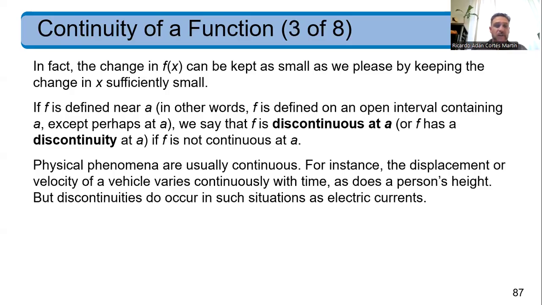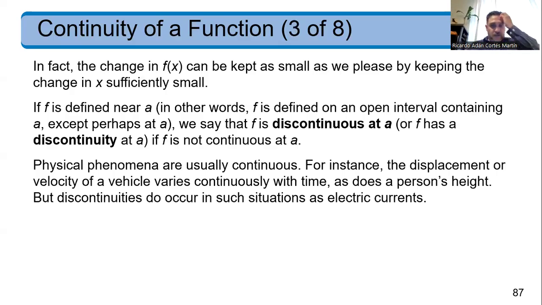Okay, so for example, the displacement of a vehicle is a continuous function of time, because there is nothing that can teleport from one place to another. No, it has to travel through that distance.